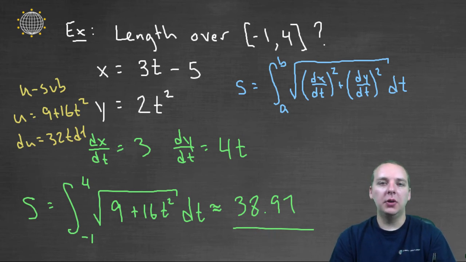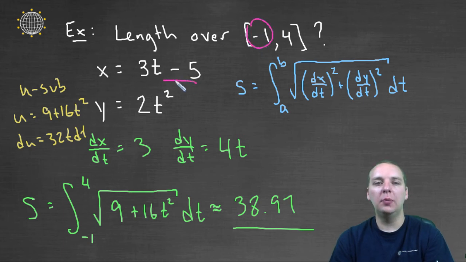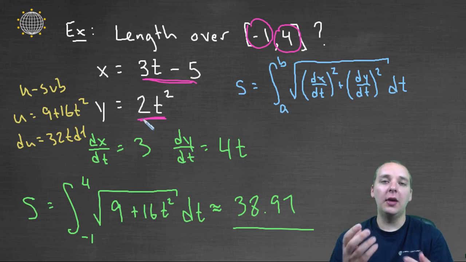Now, I'm not going to do it, but you're welcome to after you finish this video. One thing I like to do is to see, is this answer reasonable? I would recommend taking -1 and plugging it in to get a point, and then taking 4 and plugging it in to get a point, and just seeing, are they roughly 40 units away, even in the ballpark?